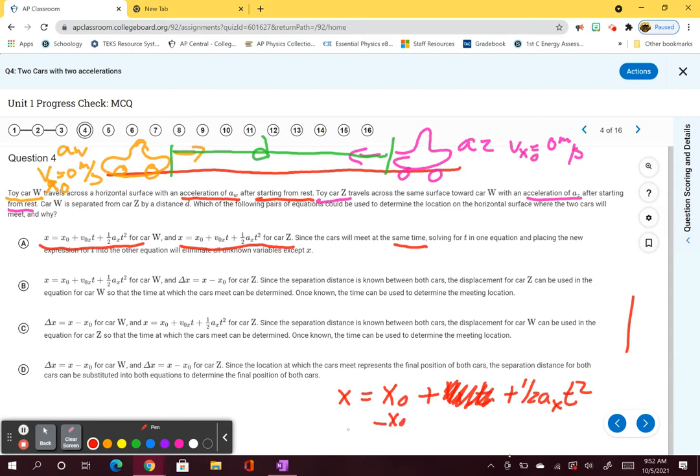I'll bring this over. So we're left with x minus x naught equaling 1/2 a x t squared. We'll multiply both sides by 2 and divide.